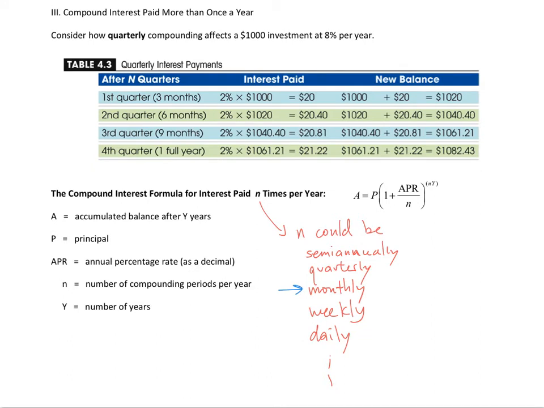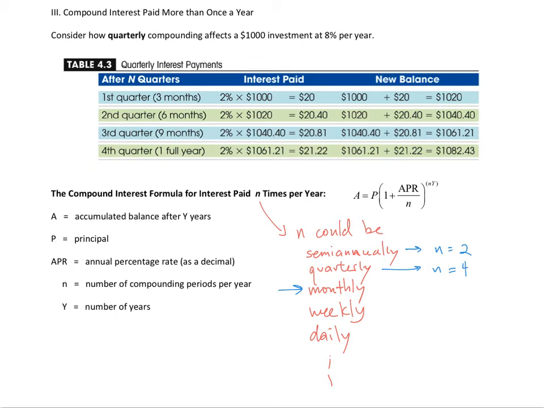So with all of these different descriptors come different values. Semi-annually: how many times would something that happens semi-annually happen in a year? Well, it would only happen twice a year. If something happened quarterly, how many times in a year? 4 times.